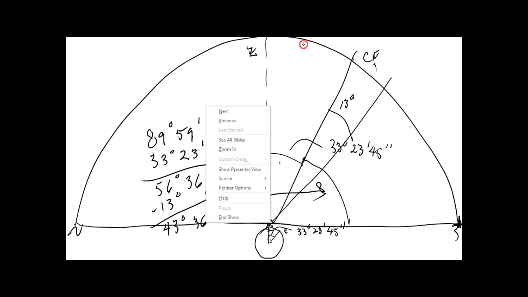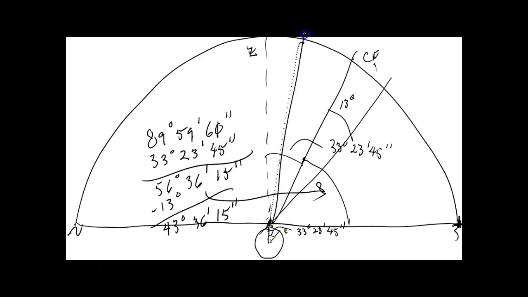What's the noon altitude of the sun when we're at our location? Here's 23 degrees, 30 minutes. Okay? So what do we have to do to get the altitude of the sun then?